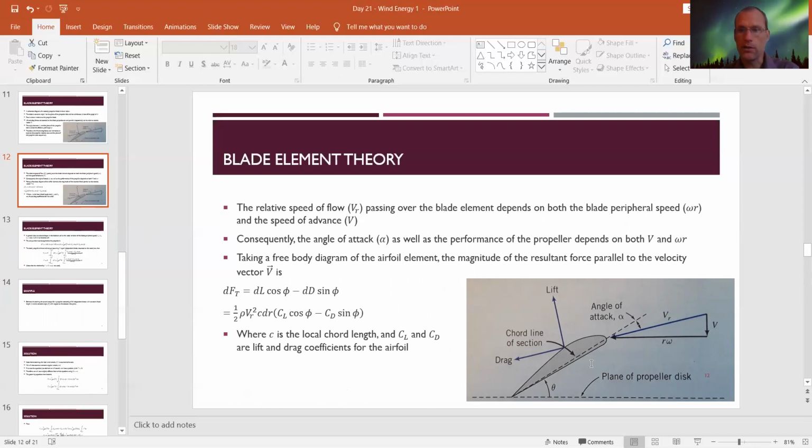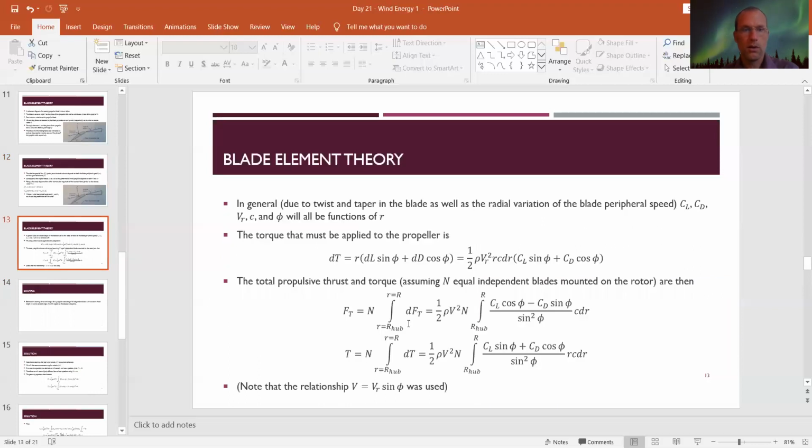I don't want to do that because sine phi is going to be 0, because if I have 0 incoming velocity, this VR is just equivalent to R omega. So instead of making VR V over sine phi, I want to make VR the same thing as R omega. So replace this guy with R omega, replace this guy with R omega for the torque, and then integrate them like I do down here.